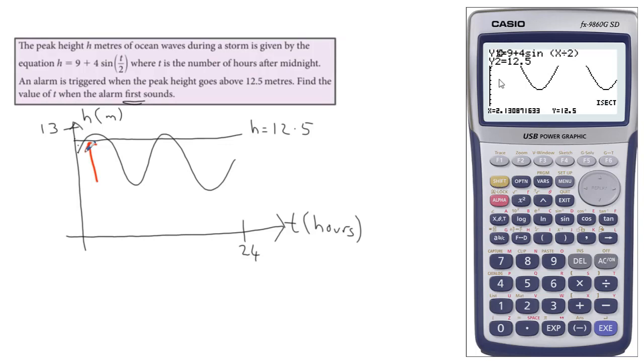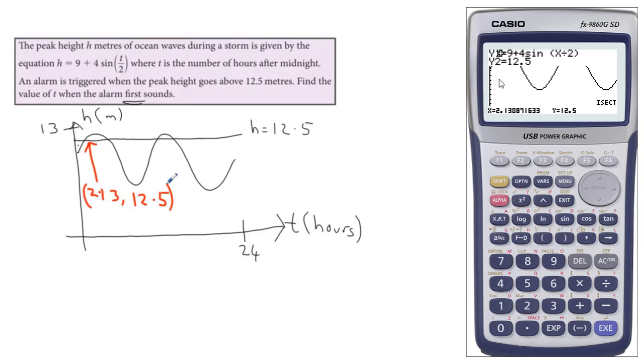And the first one, maybe if I'd made my y max a bit higher, it'd be clearer what I was looking at, but I'm fairly confident that I'm looking at the right thing. So this happens when x is 2.13, and y is 12.5, as you would hope it would be.